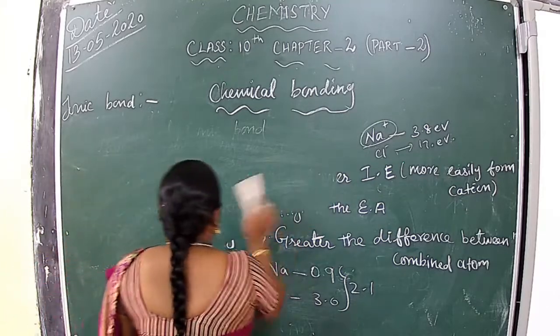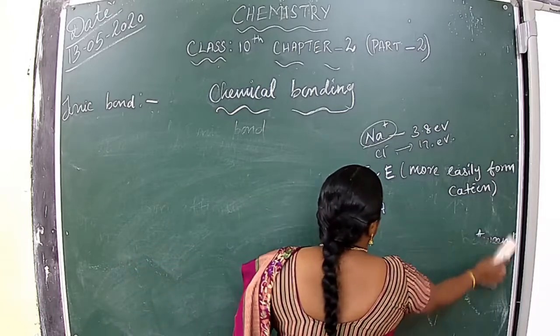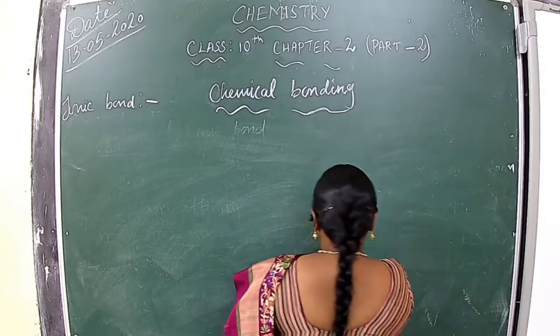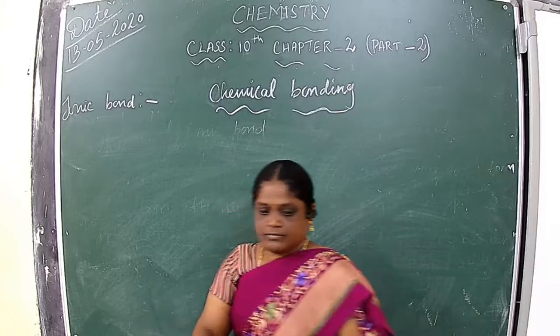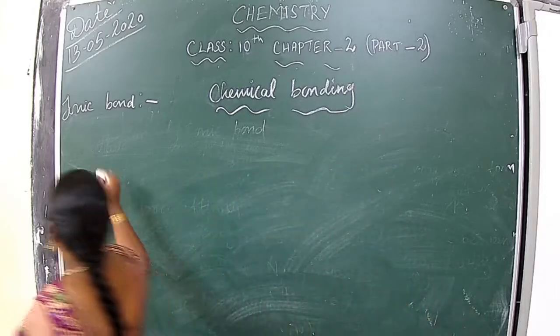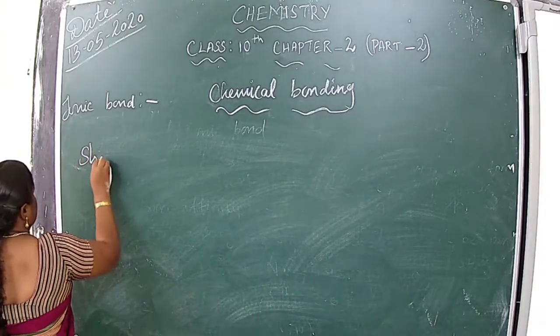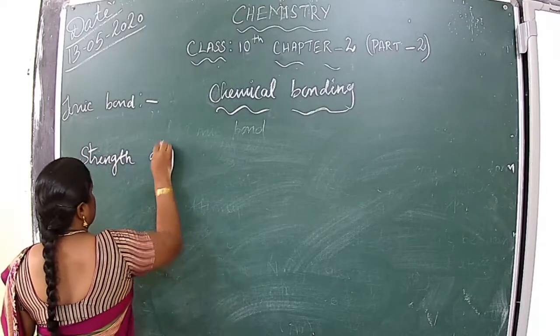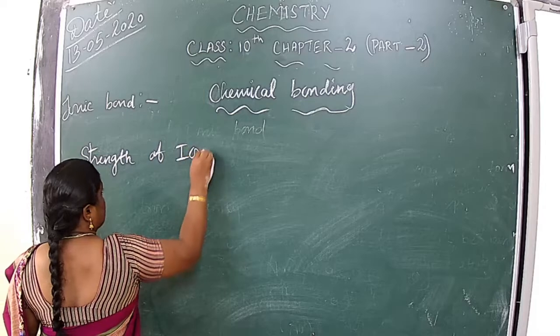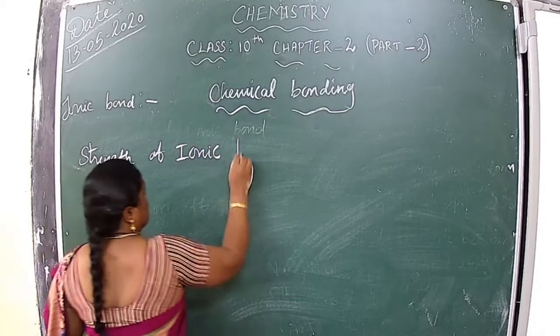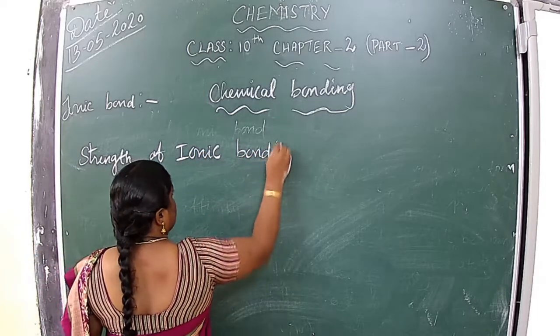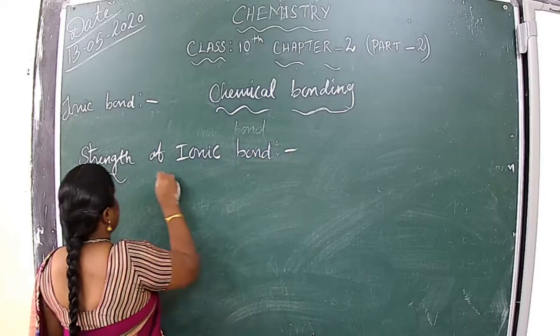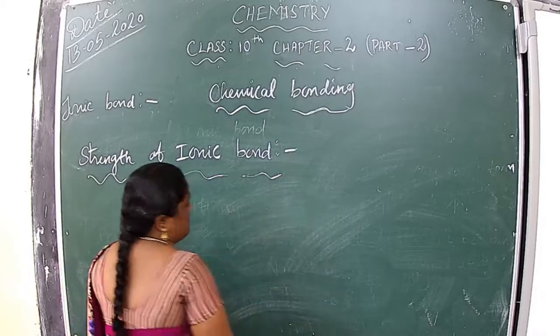How can we know the strength of an ionic bond?